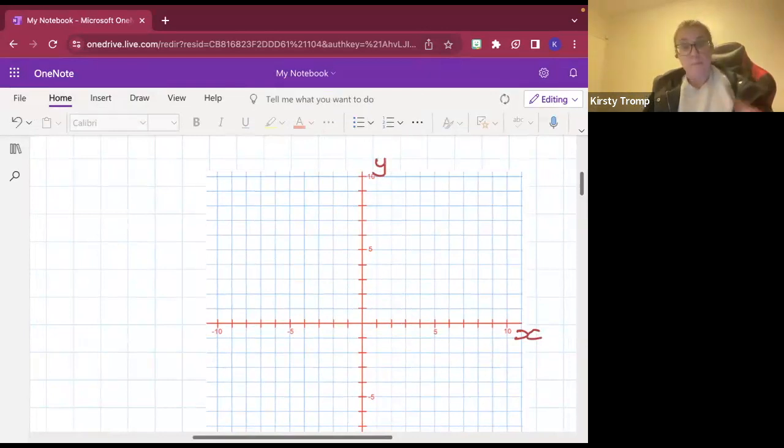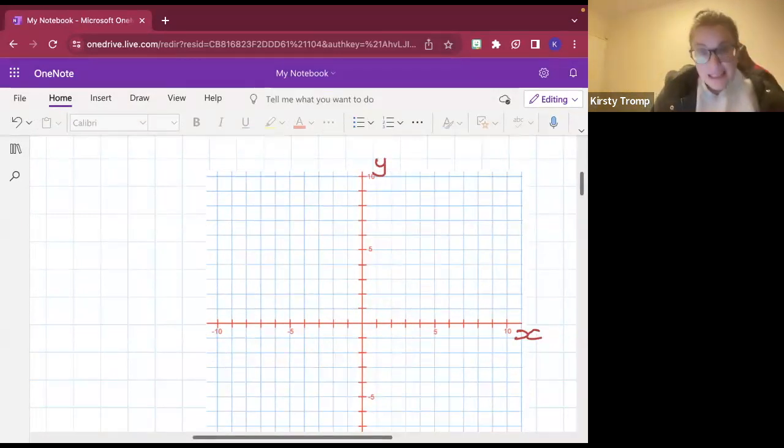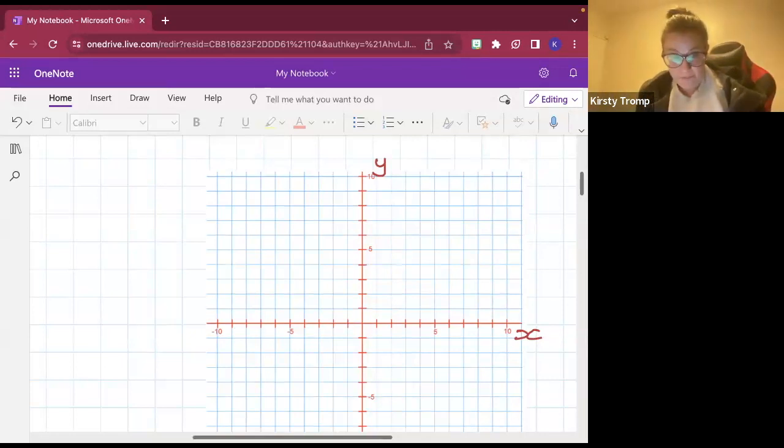And when we plot points on a Cartesian plane and we put in coordinates down, we always have our x value, and then we have our y value. All right, how are we going to remember that we must put the x value first and then the y value?